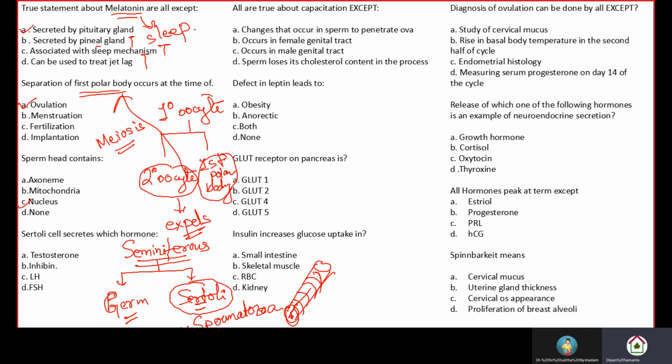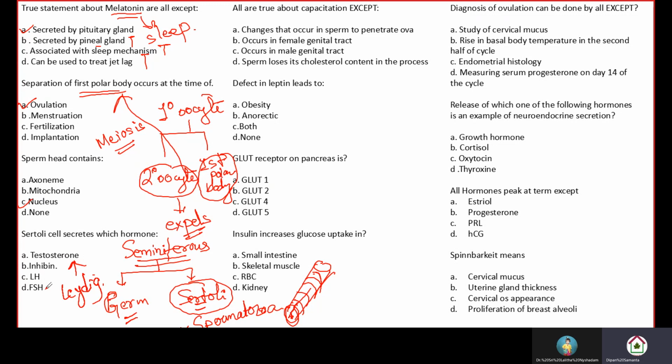So next, Sertoli cells secrete androgen binding protein and inhibin. Not testosterone, obviously, because testosterone, as you know, is secreted by which cell? Leydig cell.